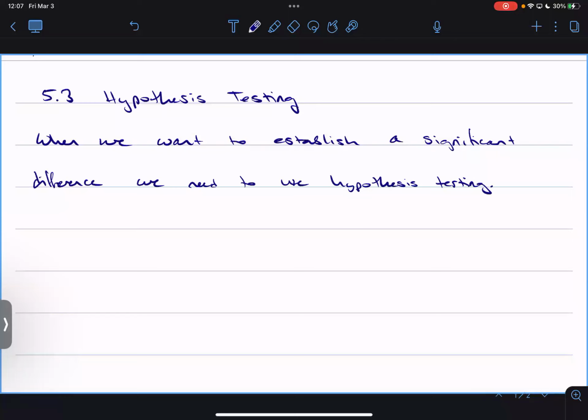Hypothesis testing is quite involved. It's very formal, and so there are steps that we're going to follow. What's really nice is that these are always the steps that you're going to follow. What you do in between in those steps is going to change depending on the question that you have.